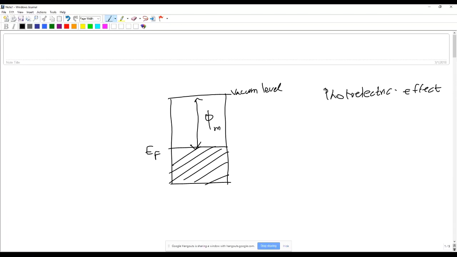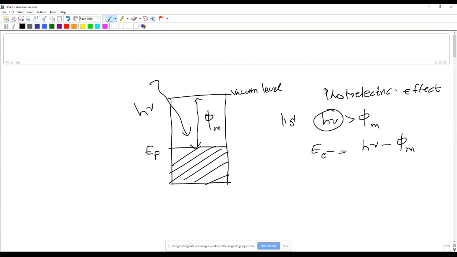The photoelectric effect states that if I shine light of some energy h nu, and h nu is greater than the work function, I'm going to remove electrons from my metal, and the energy of the electrons is nothing but h nu minus phi m.